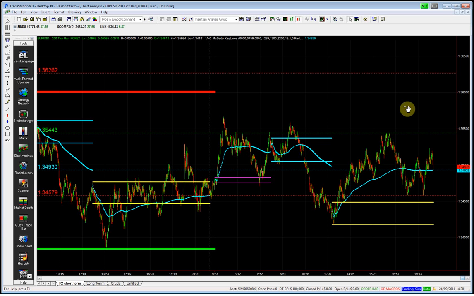The only reason we can be slightly more aggressive for an entry on the short side in this Euro dollar is because, and I cannot emphasize this enough, it's in the direction of the trend. So the aggressive short is here, the less aggressive short is here, and the more conservative short is the one-day low. I'm going to take 134.57 as the example, and you're going to have your short stop at 134.93.